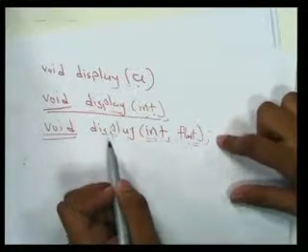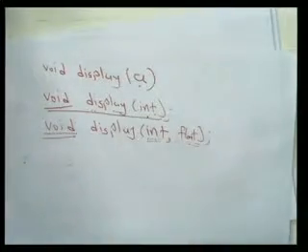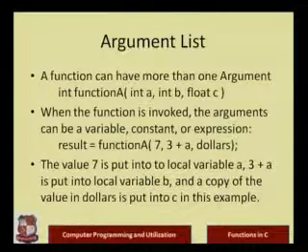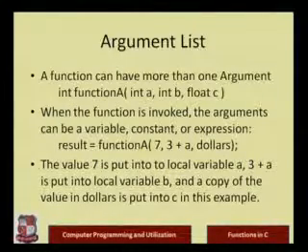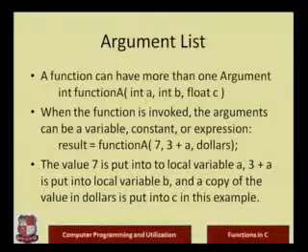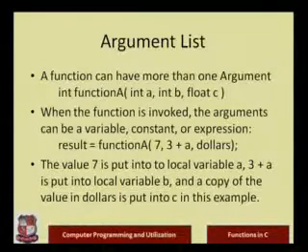Any function can have one or more than one arguments. When the function is invoked, in the sense when the function call is done, at that time the arguments can be a constant, a variable, or even an expression.